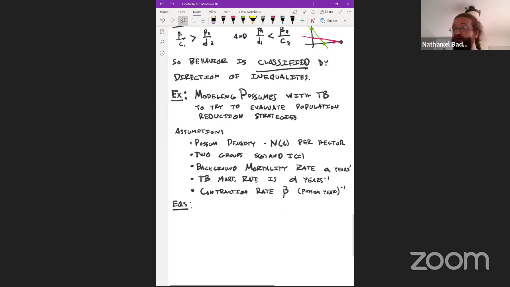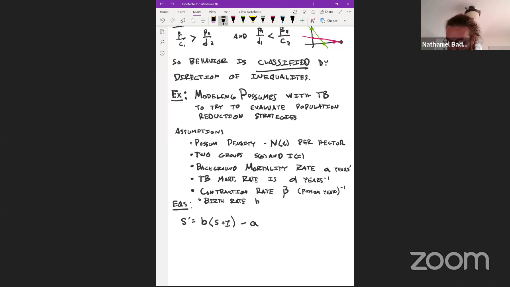So then what are the equations? S prime equals, well, we've got possums being born. Oh yeah, B is the birth rate. So we've got possums being born from both populations. They're not susceptible. This is pretty standard from what we've seen.